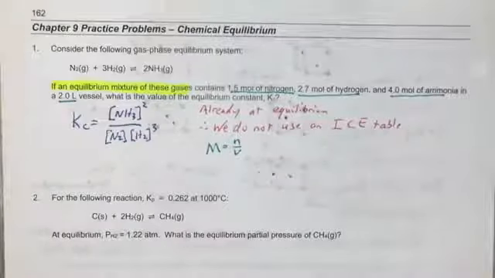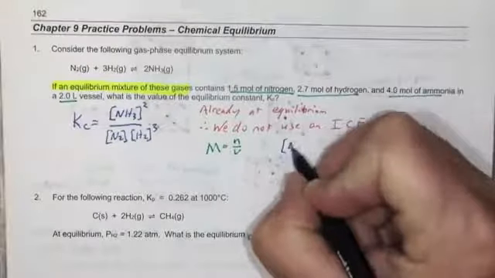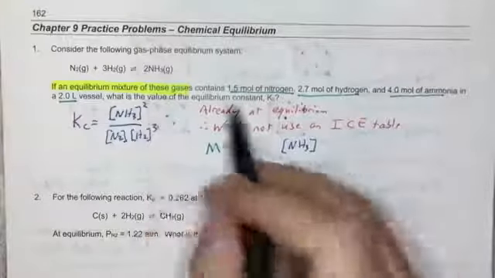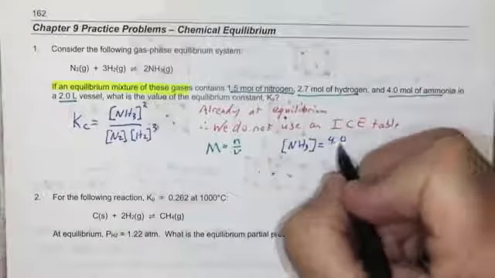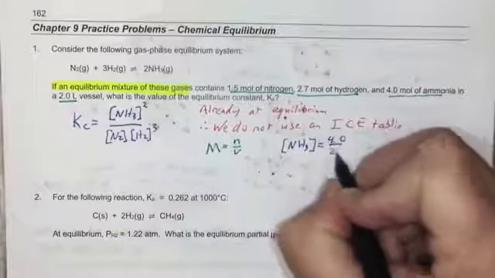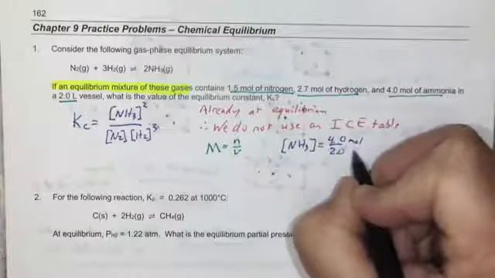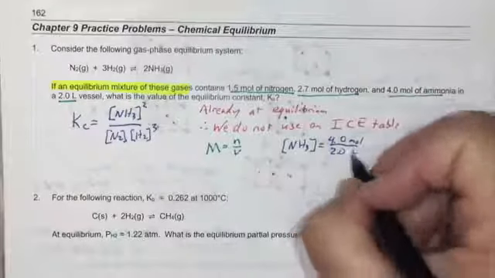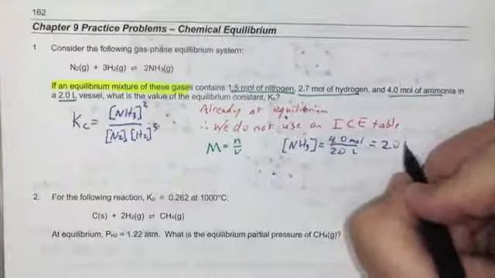So the concentration of ammonia, which goes into the numerator, is 4 divided by 2 liters. This is moles over liters, so we have to express this in concentration. If you don't express it in concentration, you'll get it wrong. This is equal to 2 moles per liter.